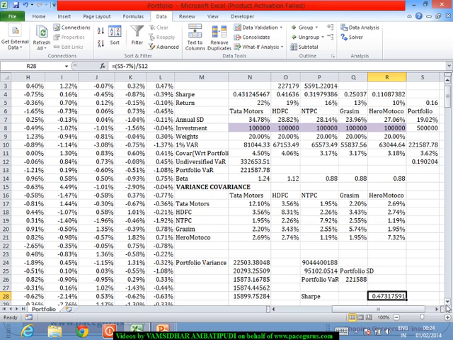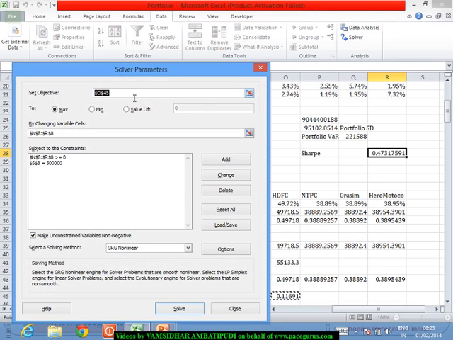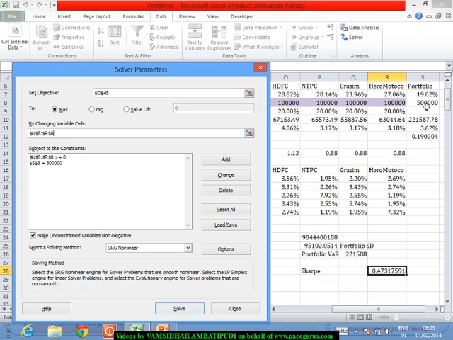So what we should look out for is, let me try using the solver with an objective to maximize the Sharpe ratio, and I want to modify the investments so that the sum of these investments is this much and each of these values is greater than or equal to 0.